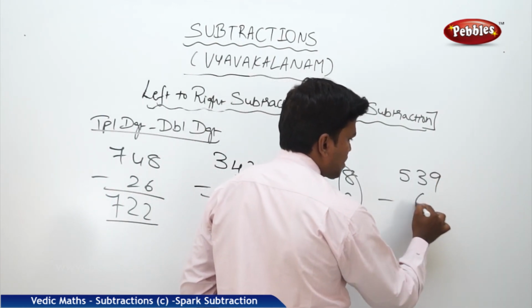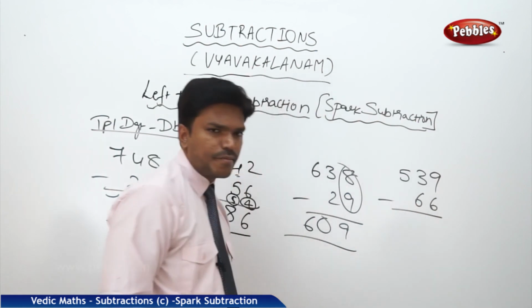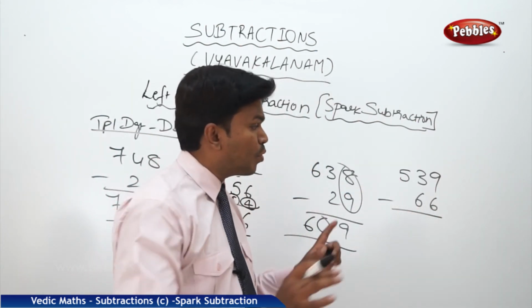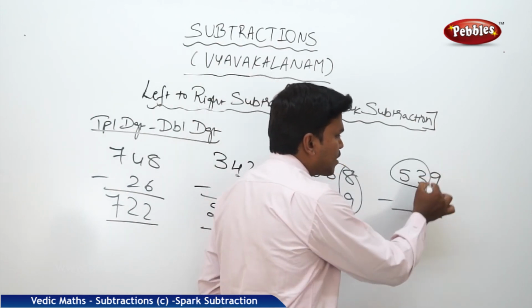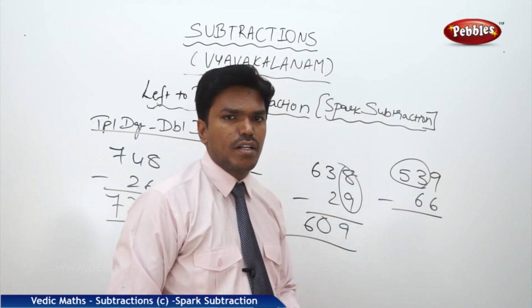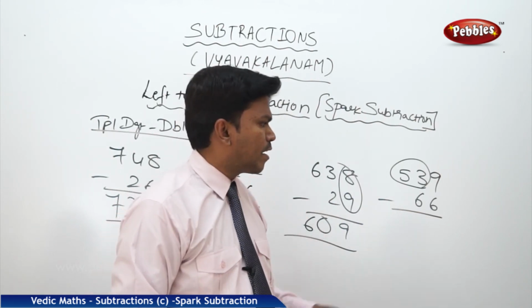539 minus 66. So what is 53 minus 6? So you do one thing. Take these two digits directly. 53 minus 6 is how much? 47. Right?